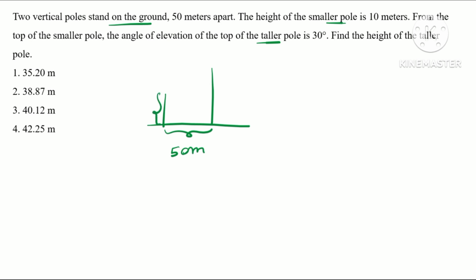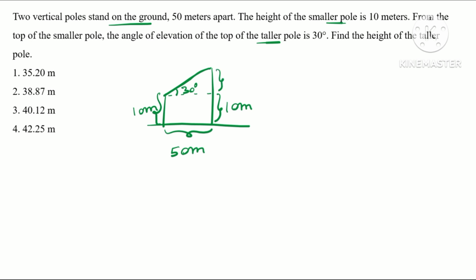This height is 10 meters. From the top of the smaller pole, the angle of elevation of the top of the taller pole is 30 degrees. This will be the angle of elevation, 30 degrees. So this becomes 10 meters.